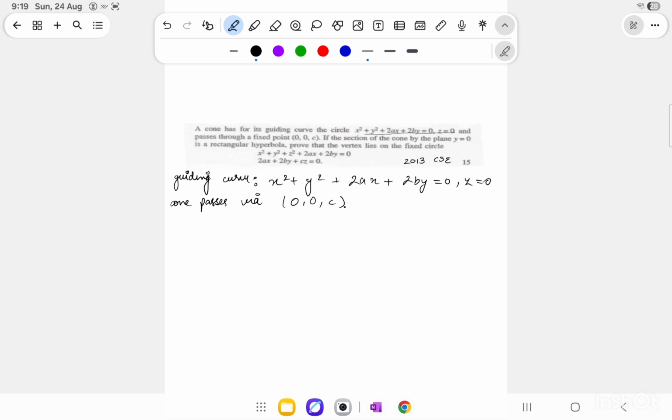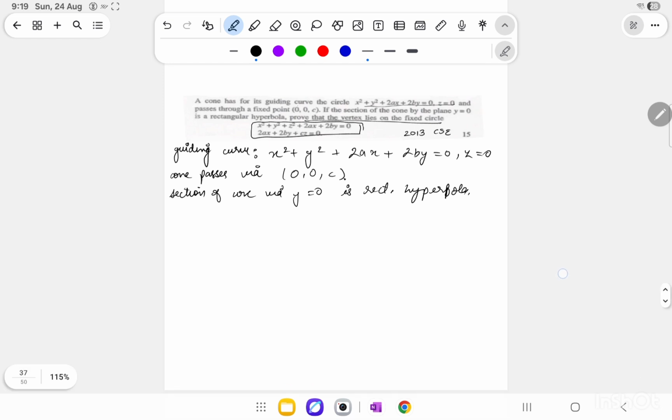Further it says that the section of the cone by the plane y equals 0 is a rectangular hyperbola. It asks us to prove that the vertex lies on this fixed surface. So we are basically supposed to prove that this is the locus of our vertex.